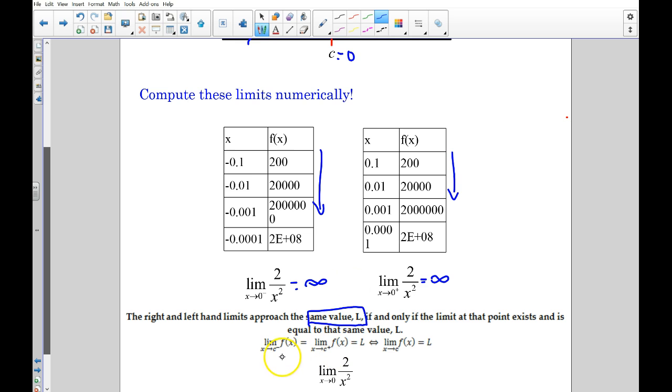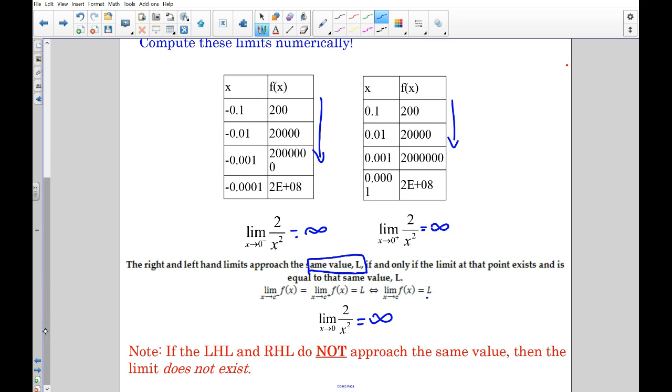So that's this statement down here. If the left and the right hand limit are both the same value, then that means that the limit itself, looking from either direction, is just L. So we would say that the limit as x approaches 0, instead of left or right, would be infinity. Now again, the limit value has to be finite, but we can also say that it grows without bound, and infinity is just a way of communicating that.